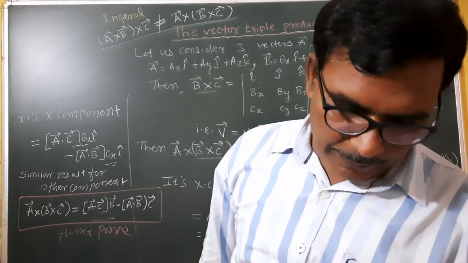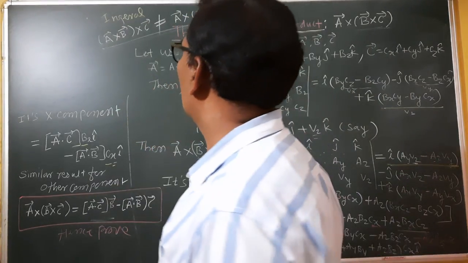Hence, vector multiplication is not associative. Vector multiplication is not associative.